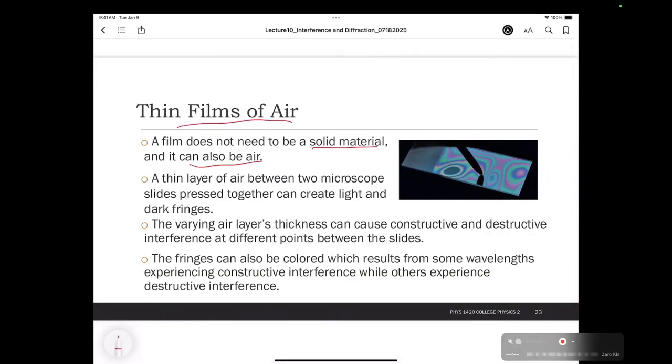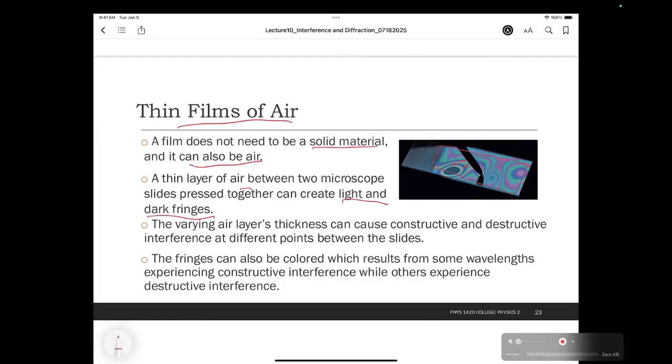Like a thin layer of air between two microscope slides pressed together can create light and dark fringes. You can see here, if you put two thin plastic plates together, and between those two there is some air, you can see some color.